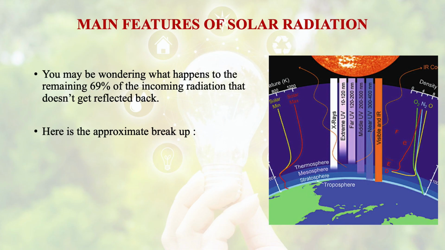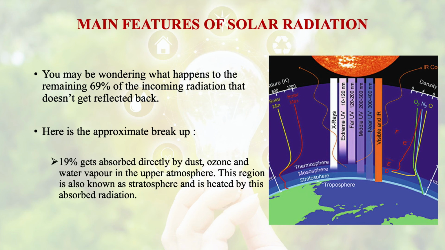You may be wondering what happened to the remaining 69% of the incoming radiation that doesn't get reflected back. If we break it up, the 19% gets absorbed directly by dust, ozone and water vapor in the upper atmosphere.